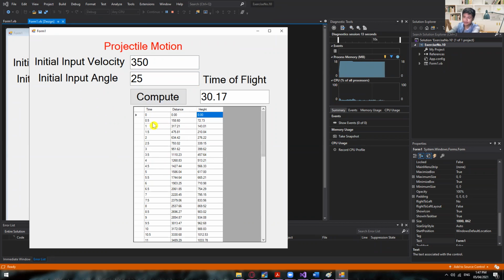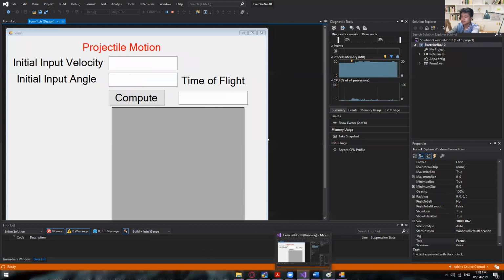At 0.5 second, it already traveled a distance of 158.60 at a height of 72.73, until it reached the peak value. The peak value is 1,115 right here at exactly 15 seconds.